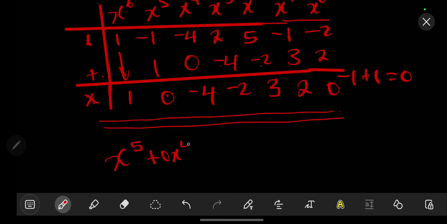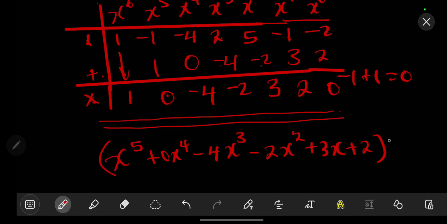It will be 0x to the power 4, so that you can understand, minus 4x to the power of 3. Then we have minus 2x to the power 2, plus 3x, plus 2. The value we used was a 1, which means it was originally x minus 1. So this is the new equation.